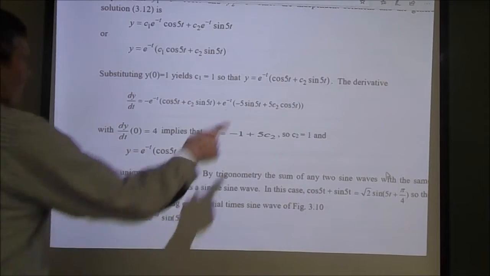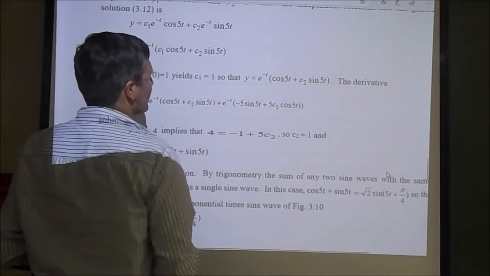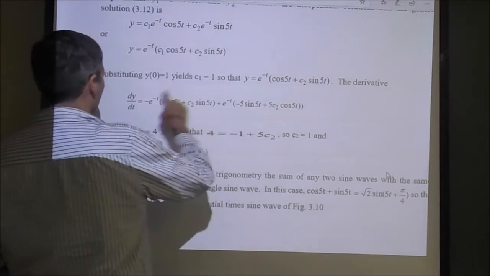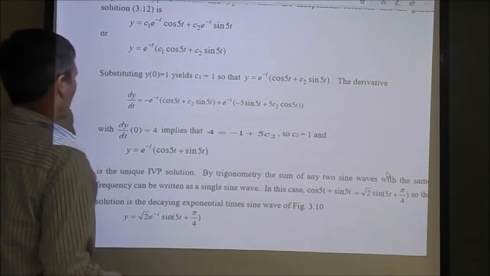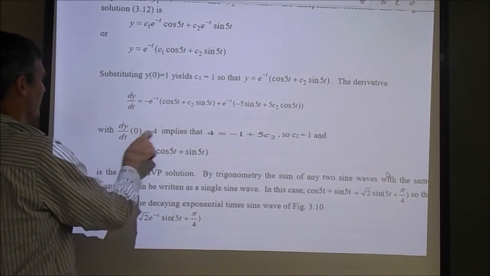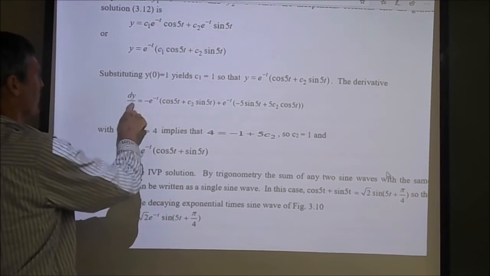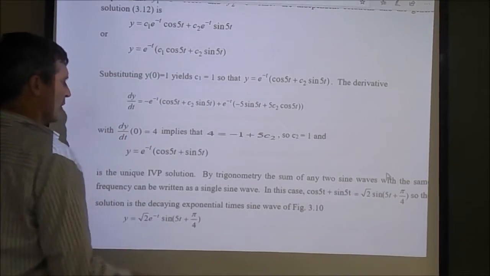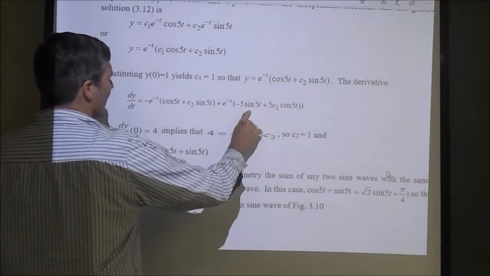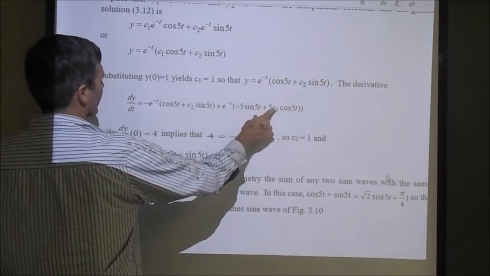Now you take the derivative of this, and here it is, it's this mess, and plug in the second initial condition, that y prime of 0 equals 4. So that says that 4 equals all this stuff with 0 plugged in. It's 4 equals minus 1 plus 5c2.